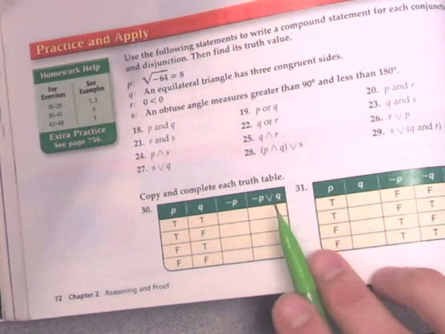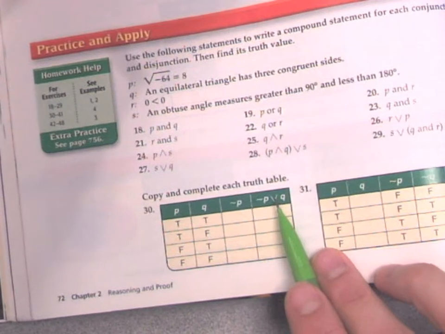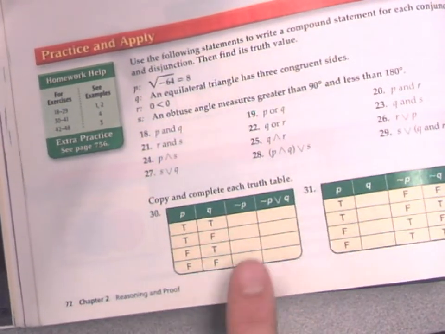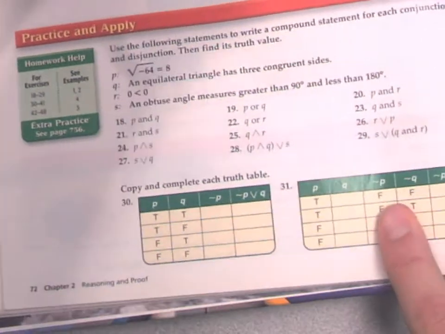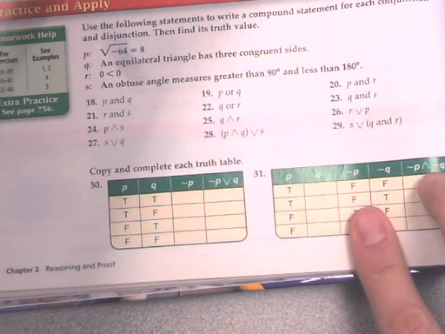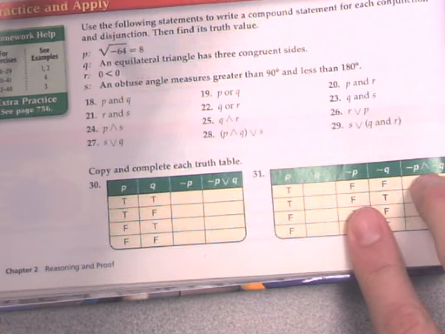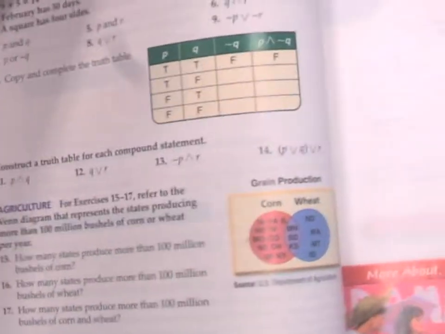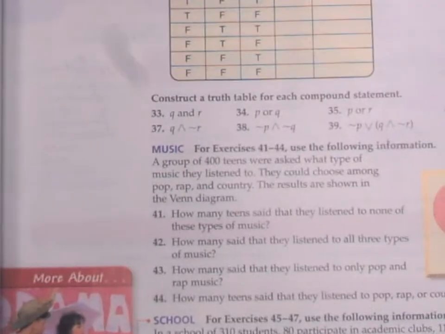Over here in 30, this is a disjunction, or an OR. So just do the not P, and then you can combine the not P and the Q. And then over here you have a conjunction, or an AND. Hopefully those should be pretty easy. 37, 38, and 39 are a little bit harder because they don't set up the table for you.